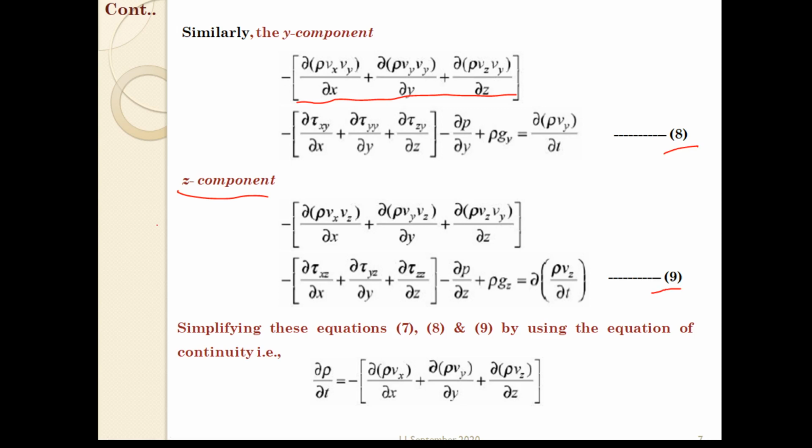Now from 7, 8 and 9, by using the equation of continuity, we simplify all these, the x component, y component and z component of the differential equation of motion, to this equation, where del rho del t is equal to minus del rho vx upon del x plus del rho vy upon del y plus del rho vz upon del z.